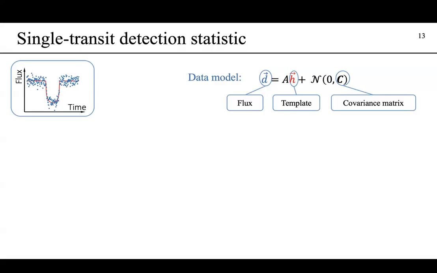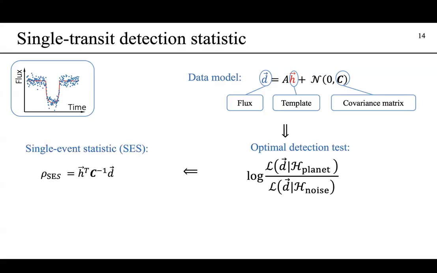This is a classical detection problem of a signal in Gaussian noise, for which there is an optimal detection test, optimal in the way that for a fixed false alarm rate, your completeness, the true positive rate, is the best.